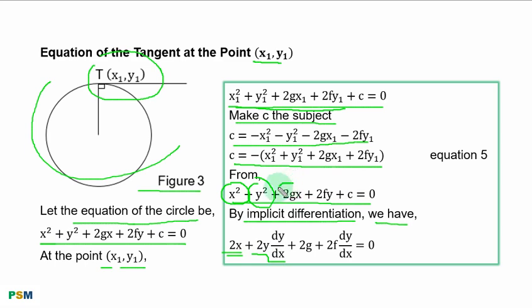Differentiate 2gs with respect to s, you have 2g, plus differentiate 2fy with respect to s, you have 2f dy/ds. If you differentiate constant c, you have 0 equal to 0. To continue, we can divide through by 2, then simplify further.